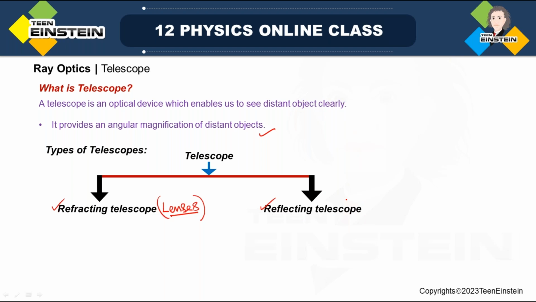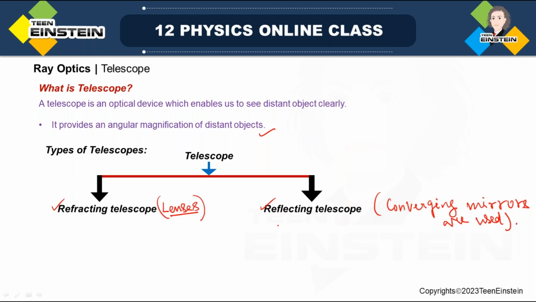And reflecting telescope uses the reflecting property of light, so it has to use mirrors. Here basically converging mirrors are used.